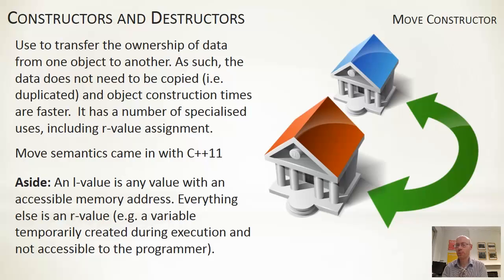So an example would be that if we have an object that contains a pointer to a very large array of data, I could use a move constructor to say, okay, I want to pass ownership of that array of data from this instance of the object into another instance of the object. So you're not duplicating it, you are notionally saying that you now look after it, and the first object gives up ownership or gives up access to it.